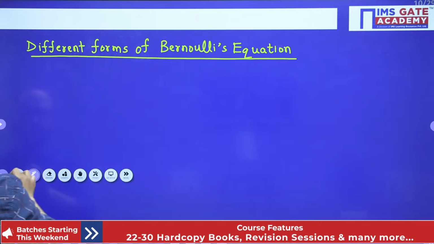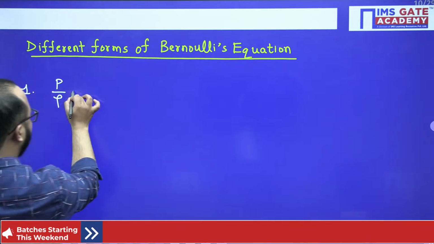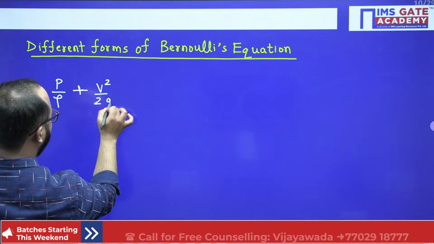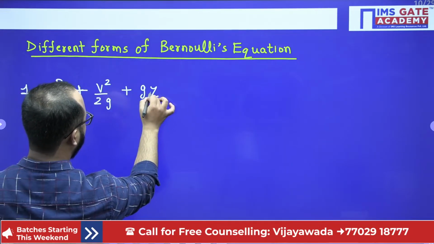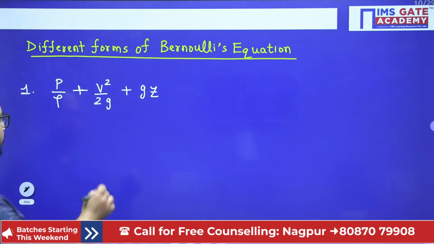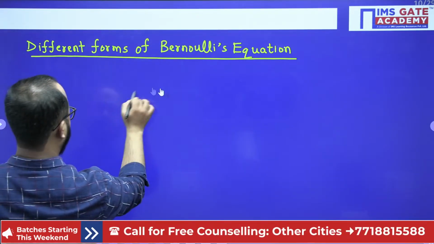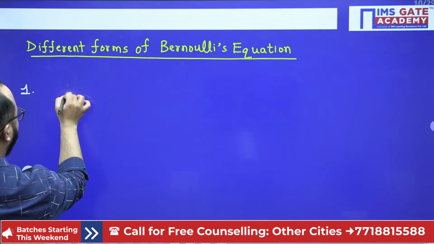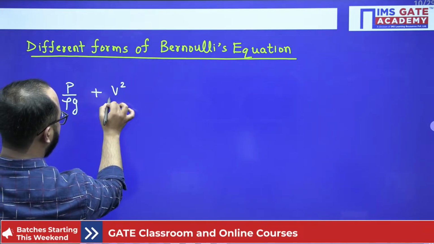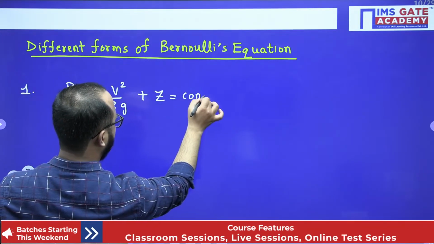The first format that we have derived here is simply P by rho plus V square by 2 plus GZ. Now, if I divide the whole equation by G, P by rho G plus V square by 2G plus Z equals constant.